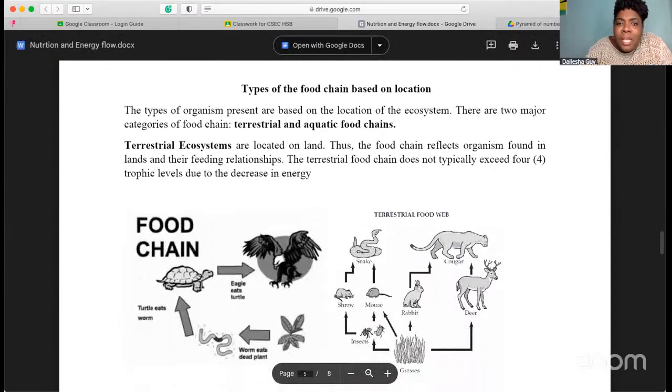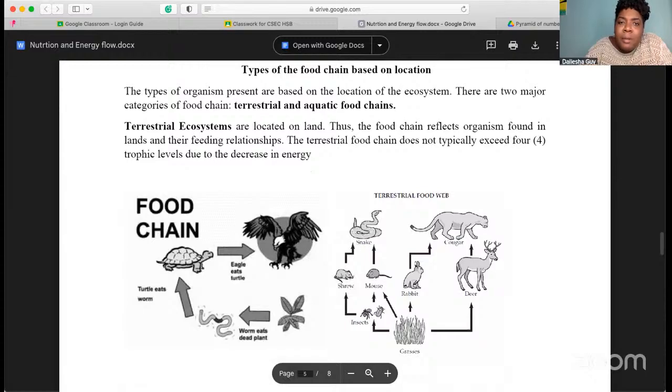So there are two areas where we could find our chains and our webs, right? We have the terrestrial, which means on land, and the aquatic, which means in water, right? Now, this is a food chain on land.